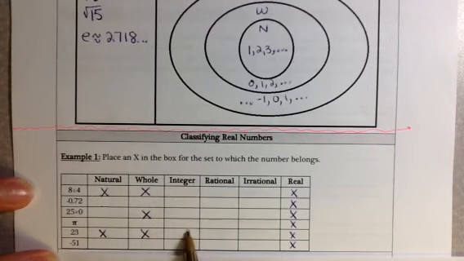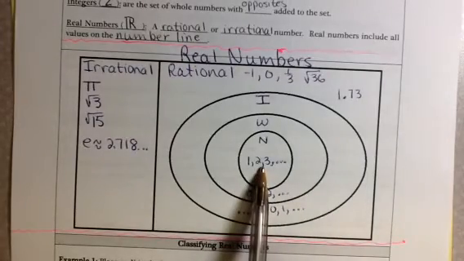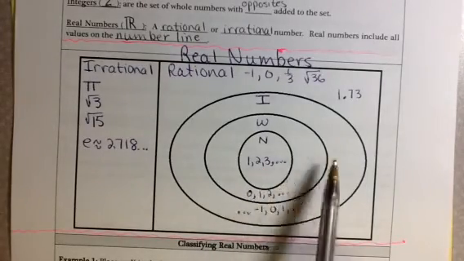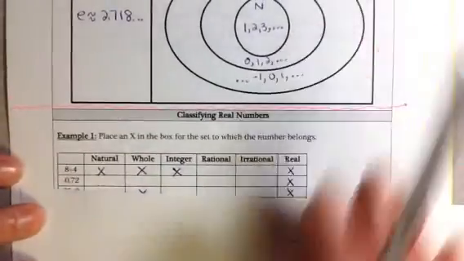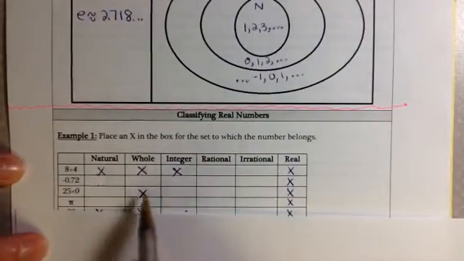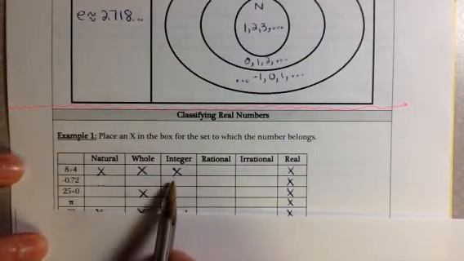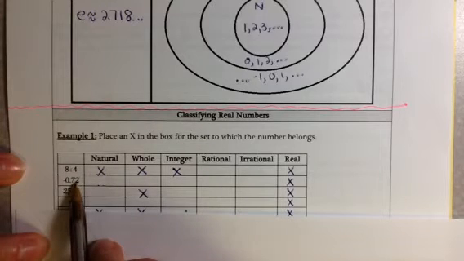Now, when we go to integers, it includes all of the whole numbers and their opposites. So if it's natural and whole, it has to be an integer. You can kind of see up here from the diagram. If it's natural, it's inside the whole and it's inside the integers. Okay, so integers have negative numbers, but they don't have decimals or fractions.